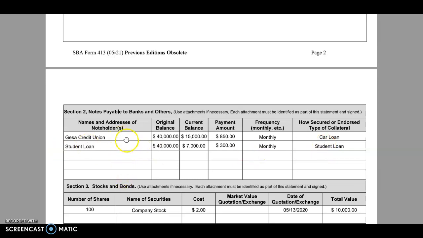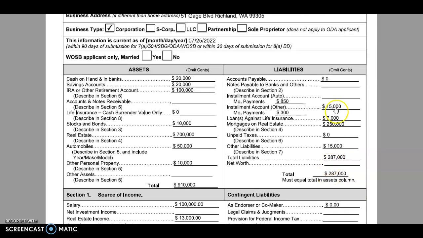If you need more space than this, you can go ahead and add another attachment for that. But that will automatically come up here and be filled out under installment accounts, because you'll see a $15,000 balance, an $850 monthly payment, a $300 monthly payment, and it's all going to be right in there from the section down below. So it calculates that up there.